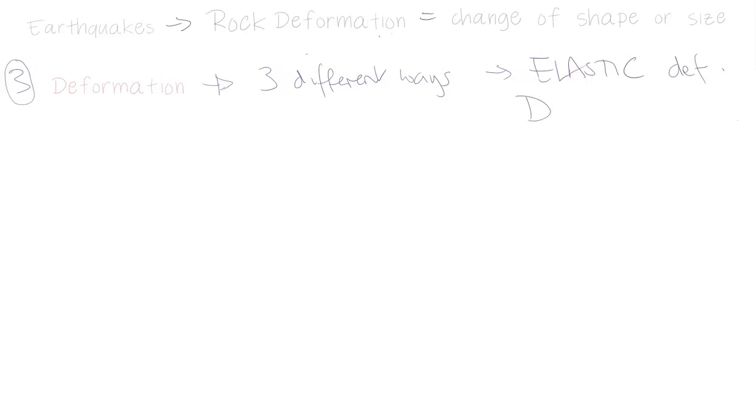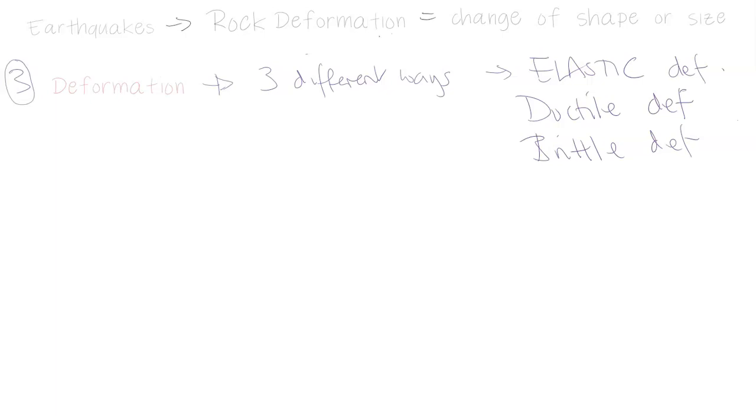Then we got ductile deformation. And the last one is brittle. Now, I did mention this in the first video about the crustal rocks in the top 15 kilometers of the crust are more brittle than the ones lower based on heat and pressure. So we're going to look at that in more detail.